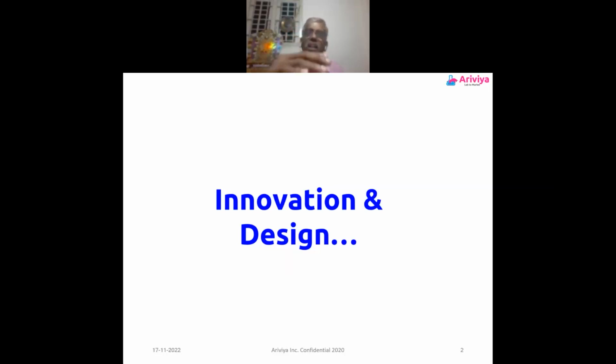Whenever we claim that I am a nanotechnologist, I am supposed to do things in an innovative way. I have to go for nanomaterial preparation or fabrication in an innovative way, and I have to make some design. The innovation and the design is very, very important. I am going to show some examples.